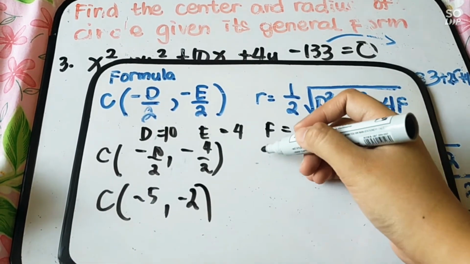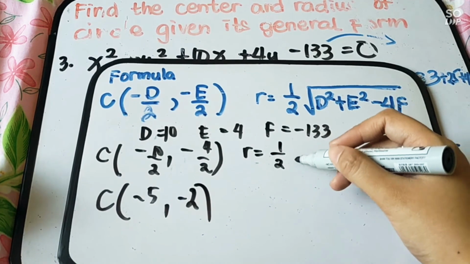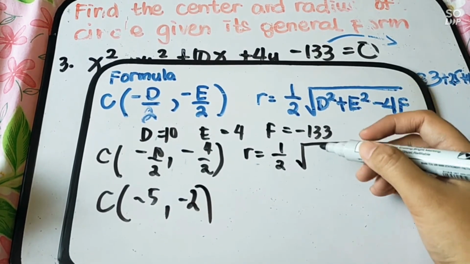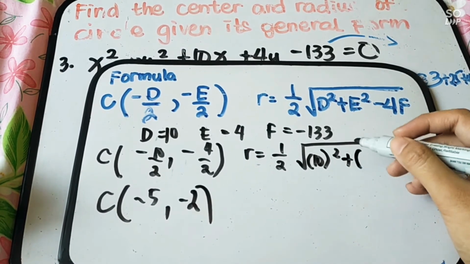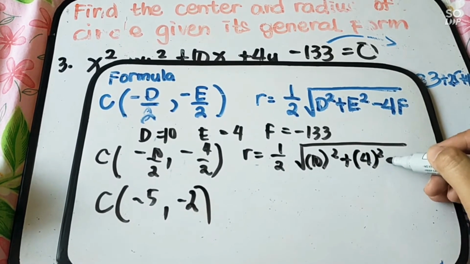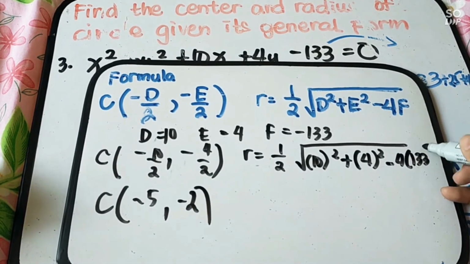Next, let us have the radius. R is equal to 1/2 of the square root of. Our D, we have 10 squared, plus our E, we have 4 squared, minus 4 times 133.